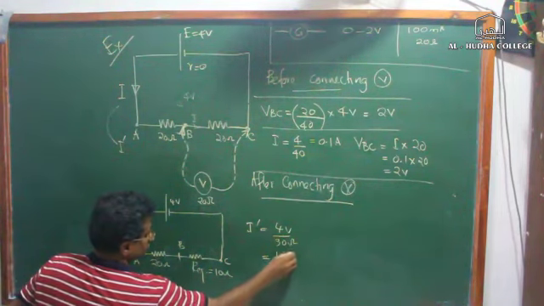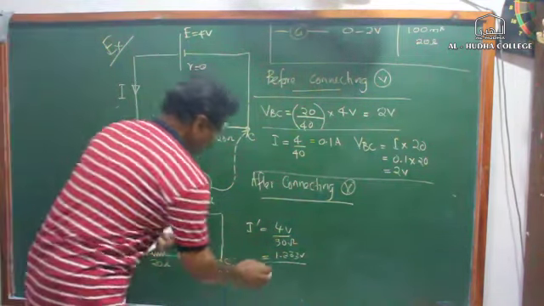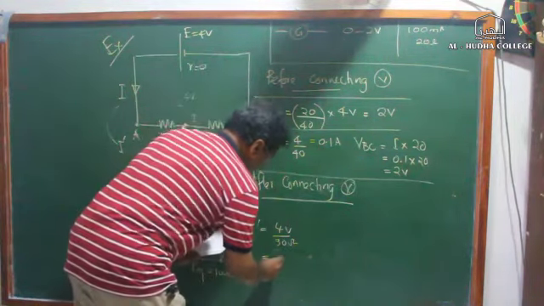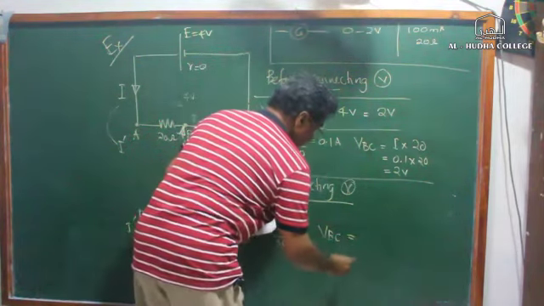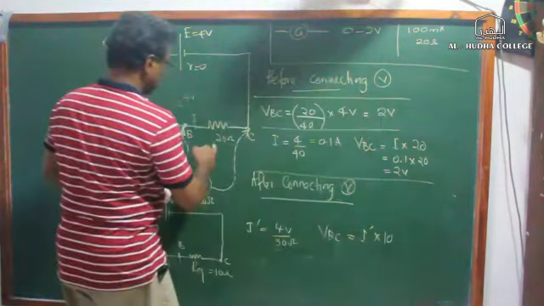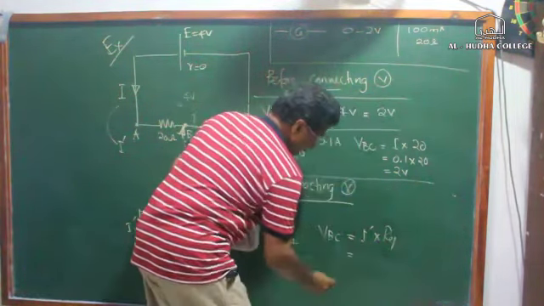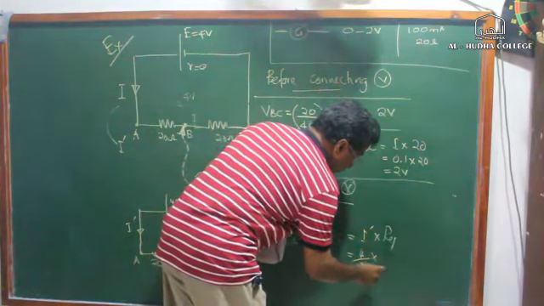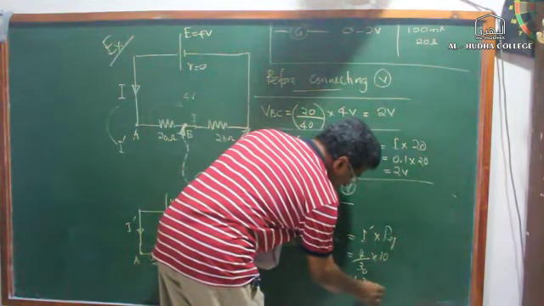Keep it 4 by 30. Then we can calculate VBC, that is I dash into R equivalent, which is 10 ohm. So I dash is 4 divided by 30 into 10, right? So this comes to 1.333 volts.